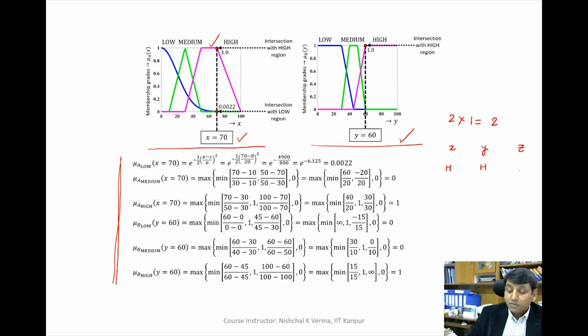Another combination is when x is falling in low and y is falling in high, because y falls only in high. For these two combinations we need z.